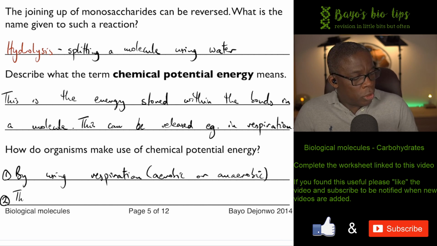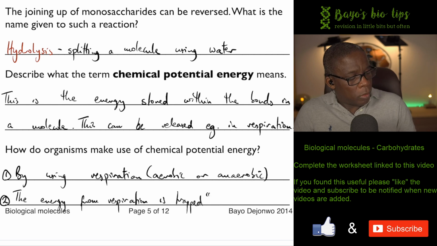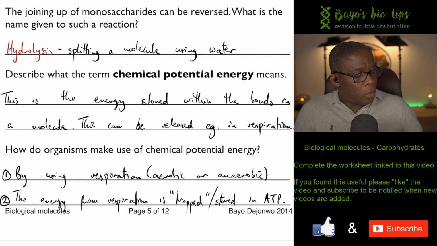So the energy from respiration is trapped or stored in ATP.